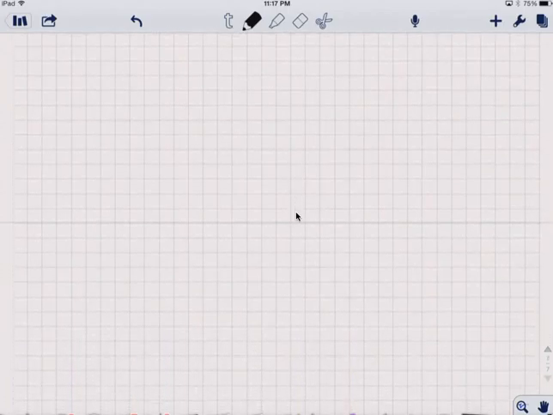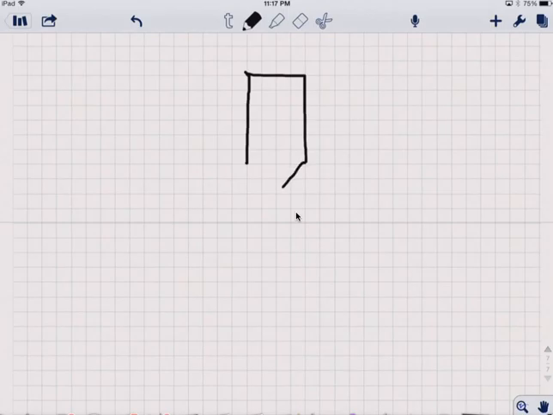Now, some of the shapes might get a little bit tricky, like this. Now we start off with 1, 2, 3, 4, 5, 6, 7, 8, 9, 10, 11, 12, 13, 14, 15, 16, 17, 18, 19, 20, 21, 22, 23.